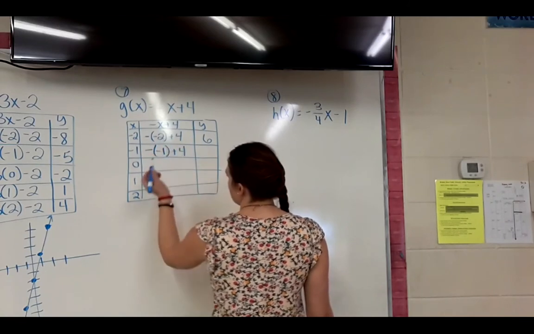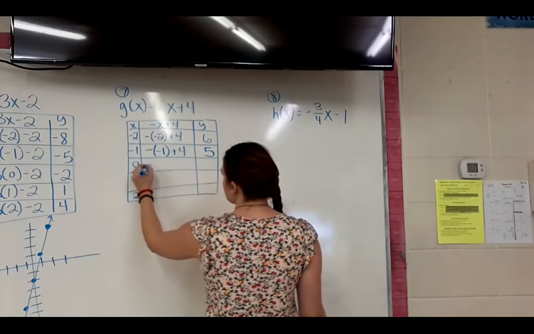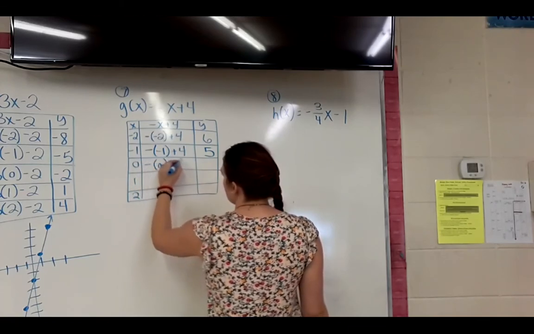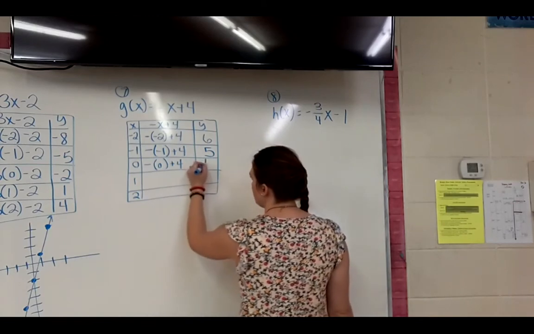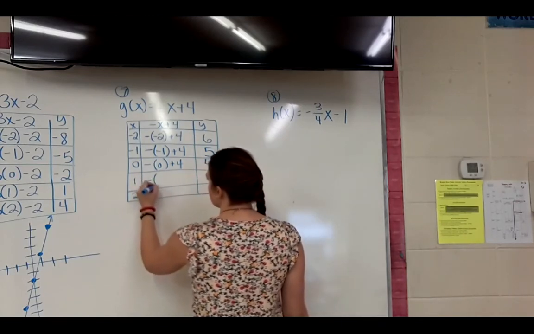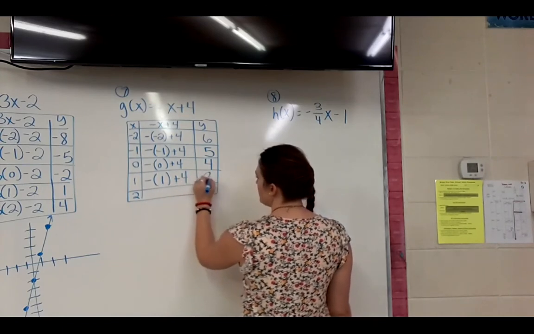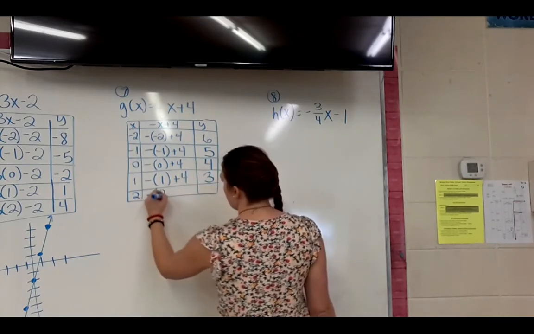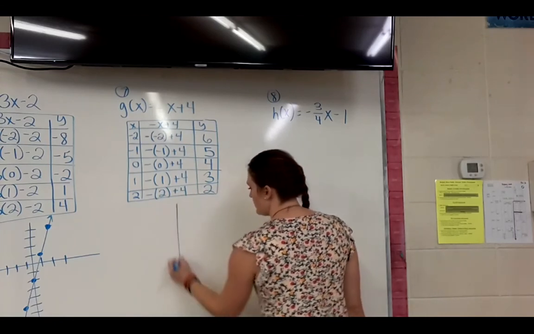So on this one, those cancel, and it's 1 plus 4, which is 5. 0 can't be positive or negative, so a negative times 0 is just 0, plus 4 is 4. So negative 1 plus 4 is 3, and negative 2 plus 4 is 2.